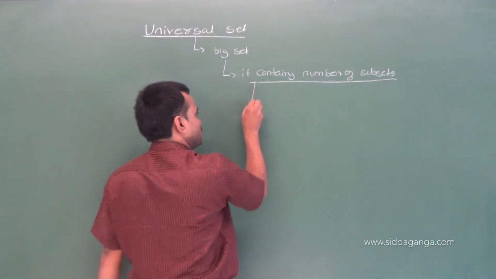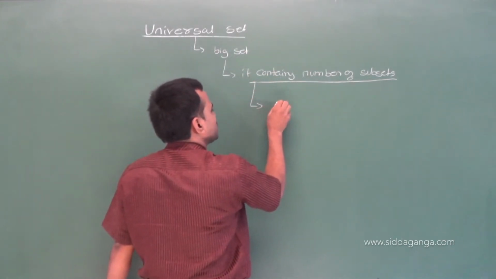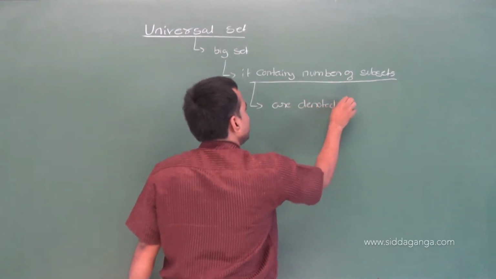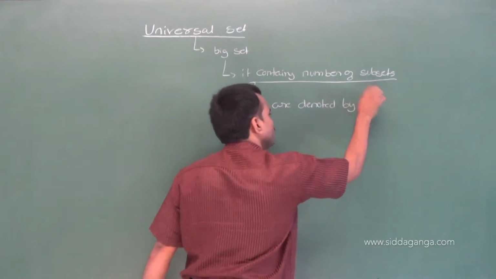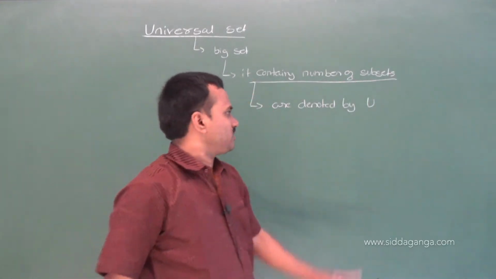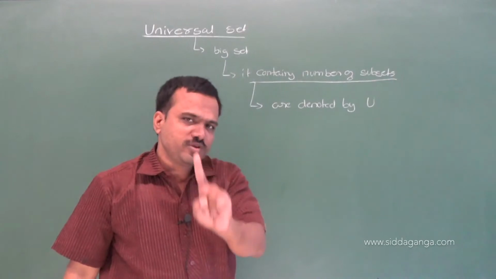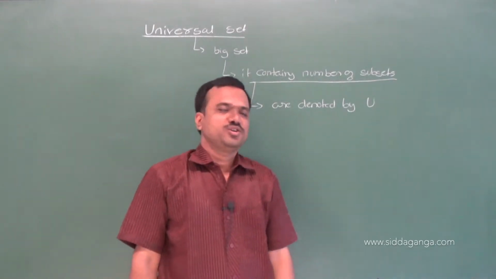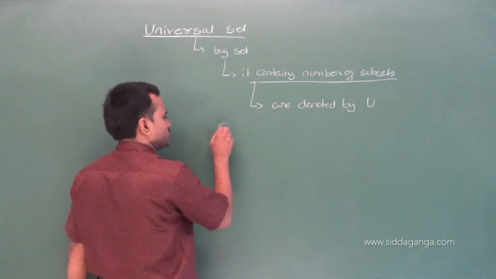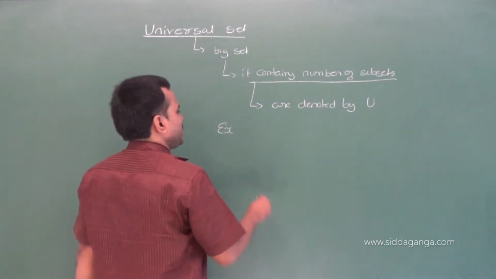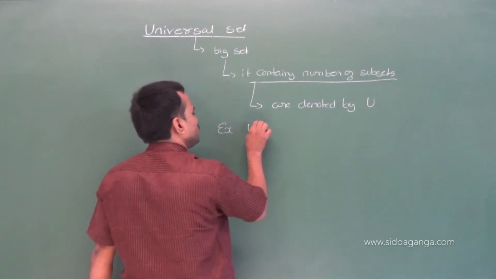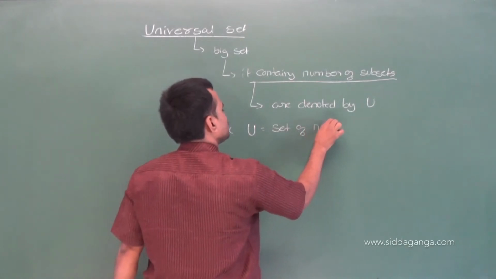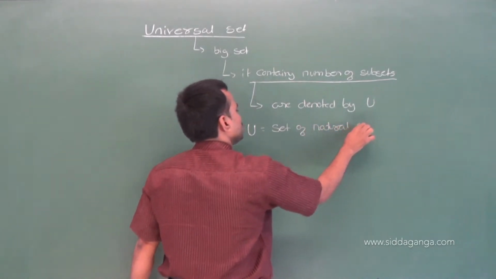Next, one more concept. Universal sets are denoted by U. Always remember, universal sets are denoted by U. One example if you want: I take U is equal to the set of natural numbers.